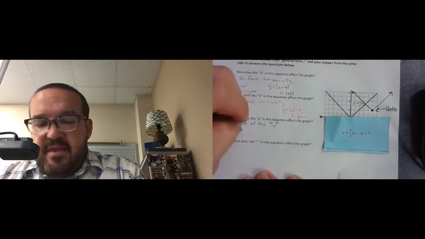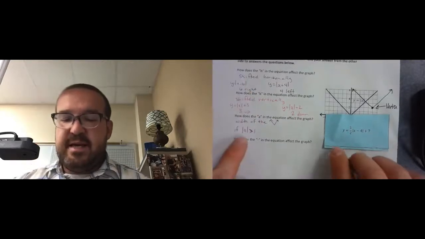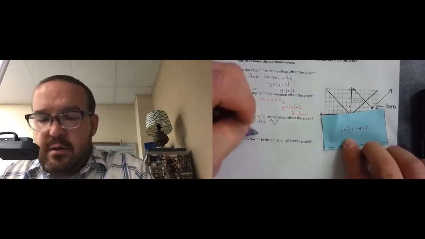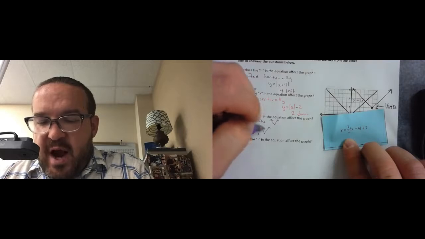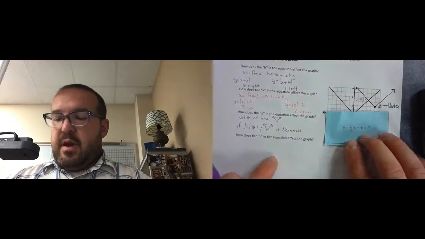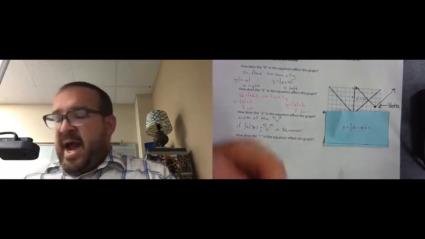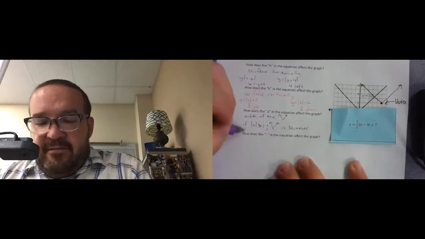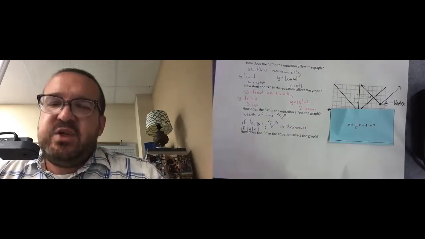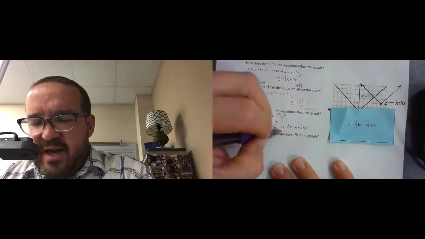If the absolute value of A is bigger than 1, I'm not worried about whether it's positive or negative, if the number is bigger than 1, then the graph is skinnier. You had a V, and it was skinnier based on that. If the absolute value of A is between 0 and 1, the absolute value graph is wider.